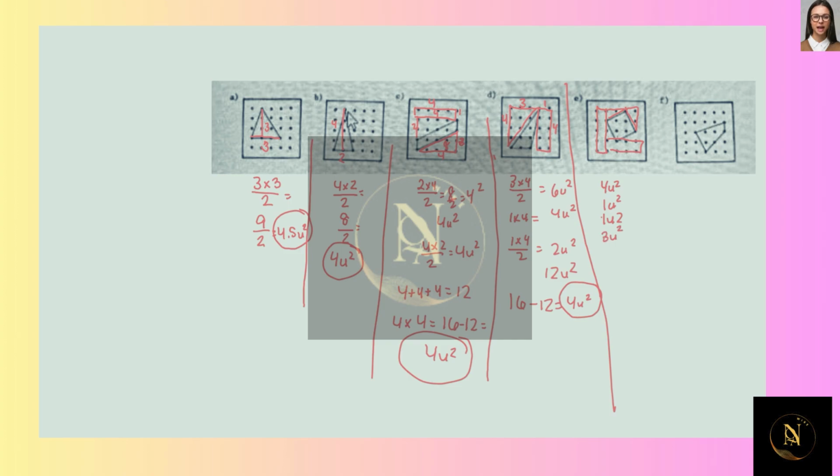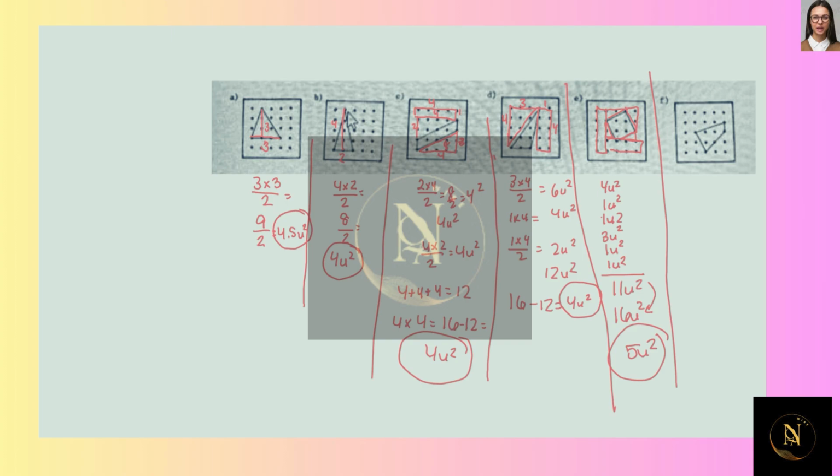Then I have this little tiny triangle that's a 2 by 1, which is another 1 unit squared, and another one that's a 2 by 1, which is 1 unit squared. I'm going to add up all of these areas. So 4, 5, 6, 7, 8, 9, 10, 11, 11 units squared. Then I'm going to subtract from 16 units squared. And I'm going to get 5 units squared is the area of that rectangle.